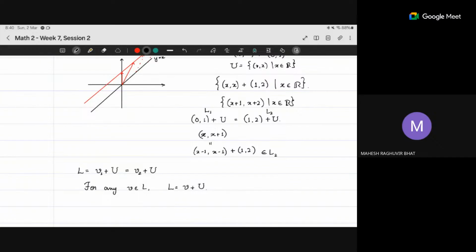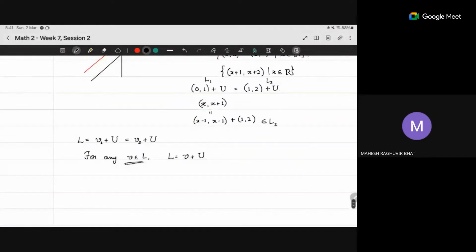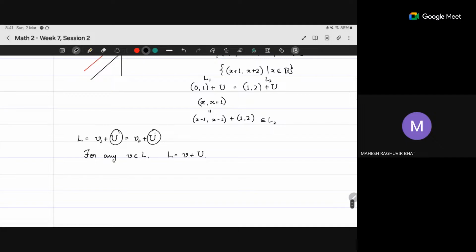I'm just saying you might get a question, are these two the same? Is it easy to prove, just like you did here with x minus 1, x minus 1, that these two are actually the same? So the underlying vector subspace has to be the same. There is no choice. I'm not going to prove this statement.